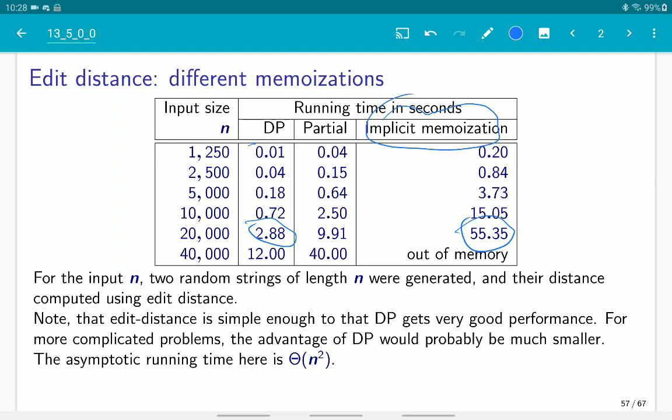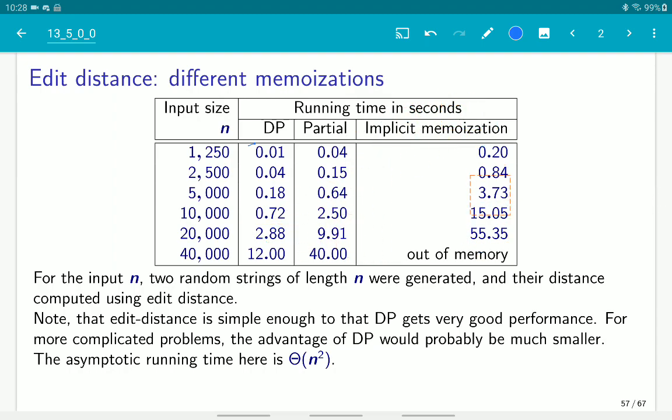But in practice, the running time would not be so different. First, you might not care about the running time that much. So this difference in practice might just not be important. The second thing is that real-world problems tend to be much more complicated than edit distance. And I would expect the gap between the dynamic program and the implicit memoization for complicated dynamic programming problems to be much smaller. Right? This is just a very special case.